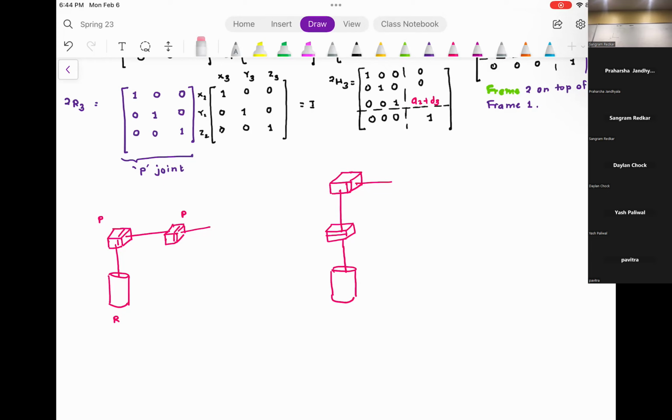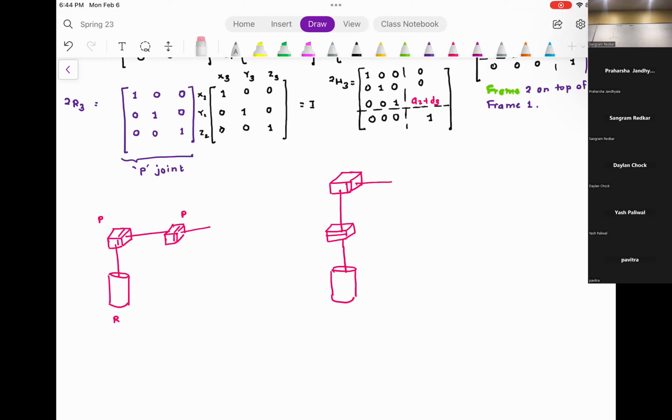You won't be able to perform the kinematic analysis considering prismatic and revolute joints all at the same time. If you have a revolute joint on top of a prismatic joint, for analysis purposes you would assume there is some distance between them.